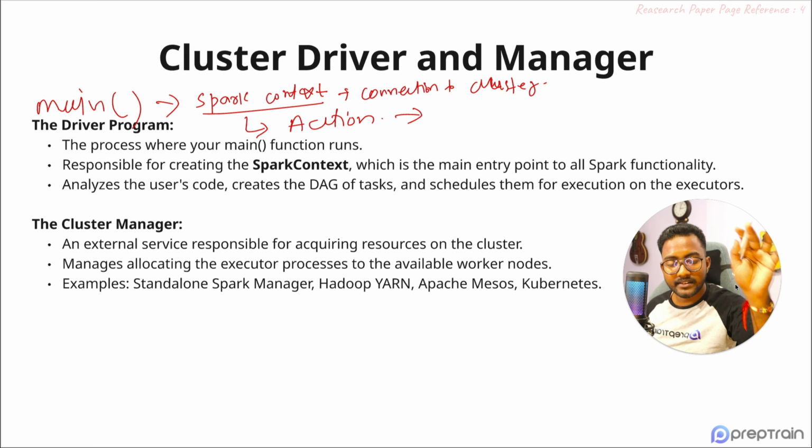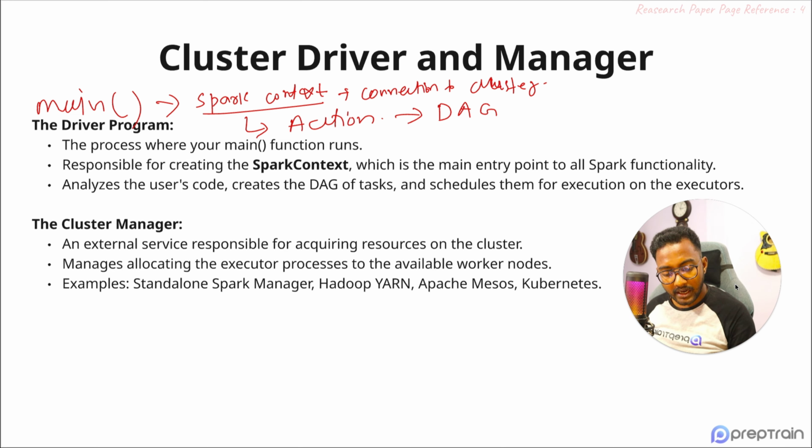Then it creates the DAG, the directed acyclic graph, showing how these tasks will be processed. And eventually it is the orchestrator, basically the conductor. So it decides which task needs to run in what order and on what data. All of these things are decided by the driver program.